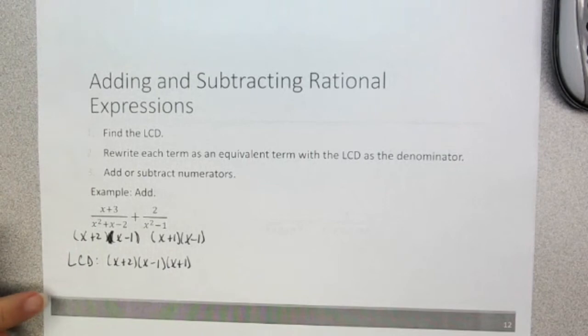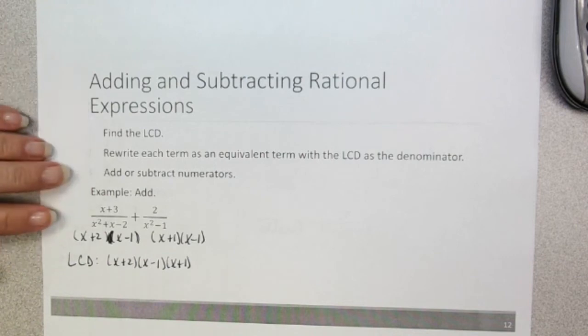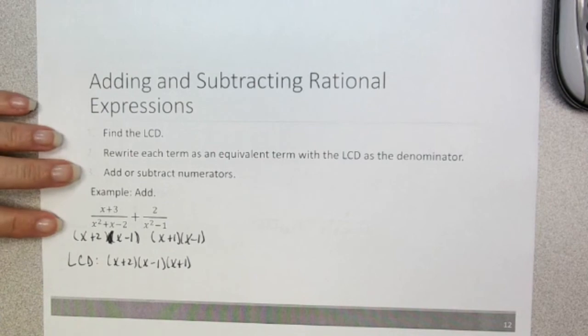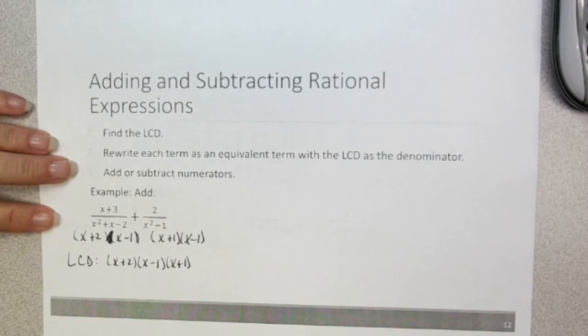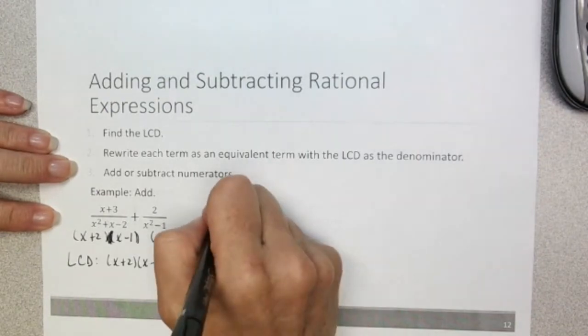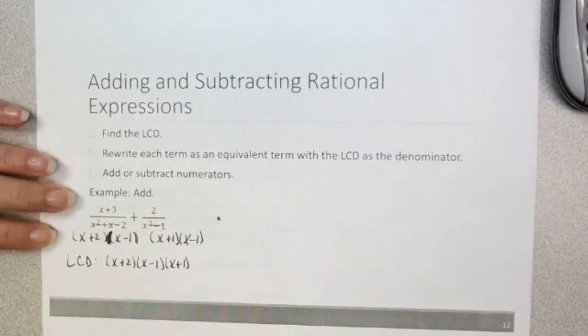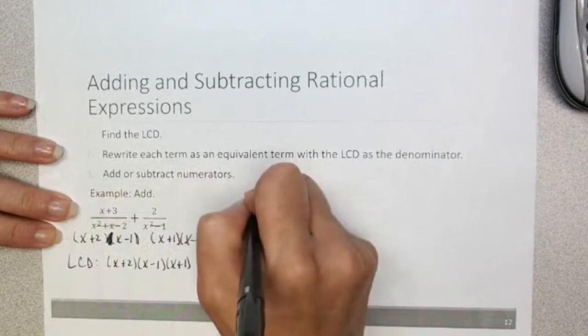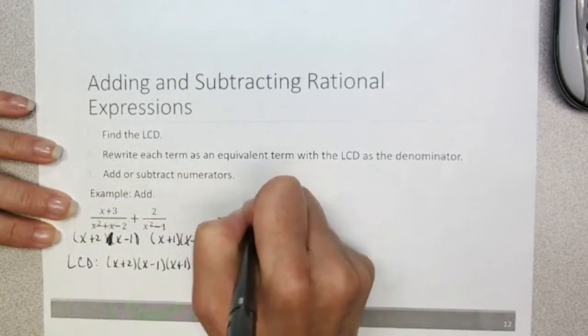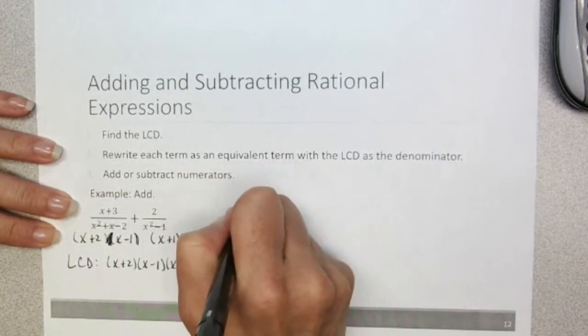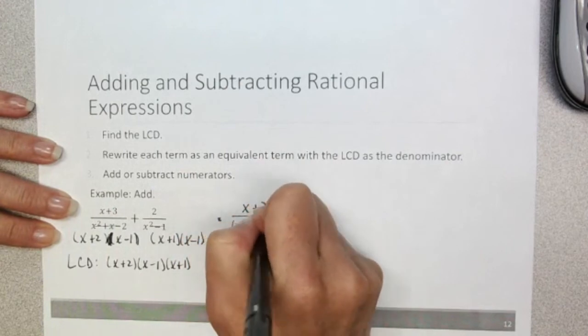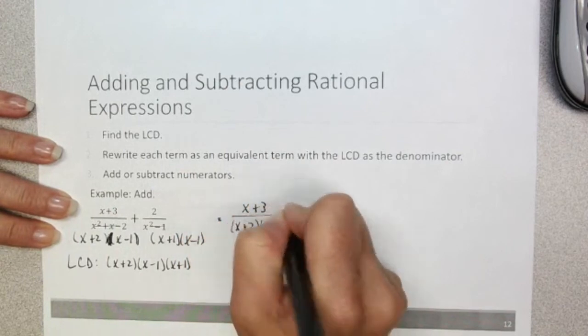Now what I want to do is multiply each term by whatever is missing in that denominator, so that I'm establishing that least common denominator with both of those terms. Let's rewrite that because it's a little messy here. My first term is x plus 3 divided by x plus 2 times x minus 1.